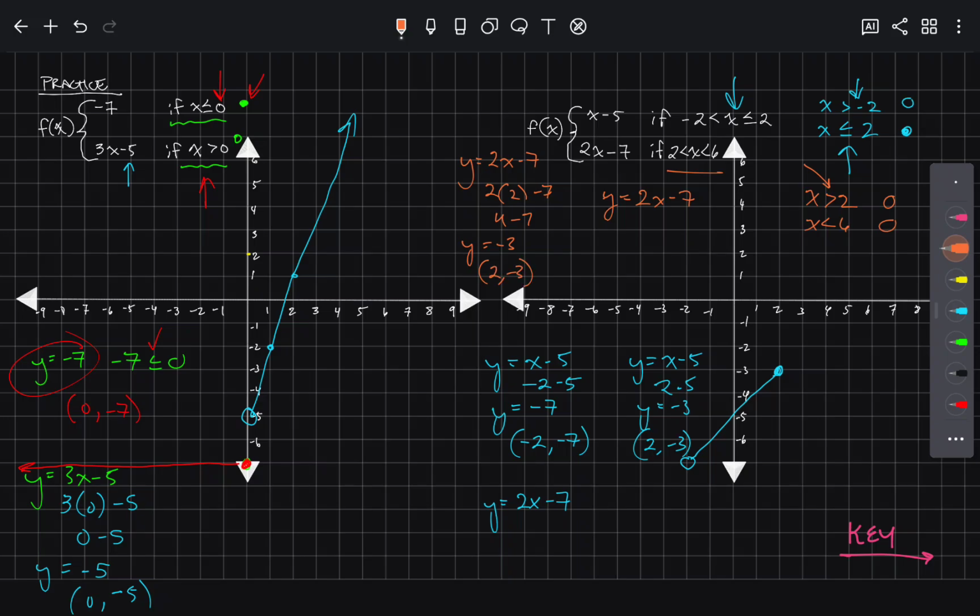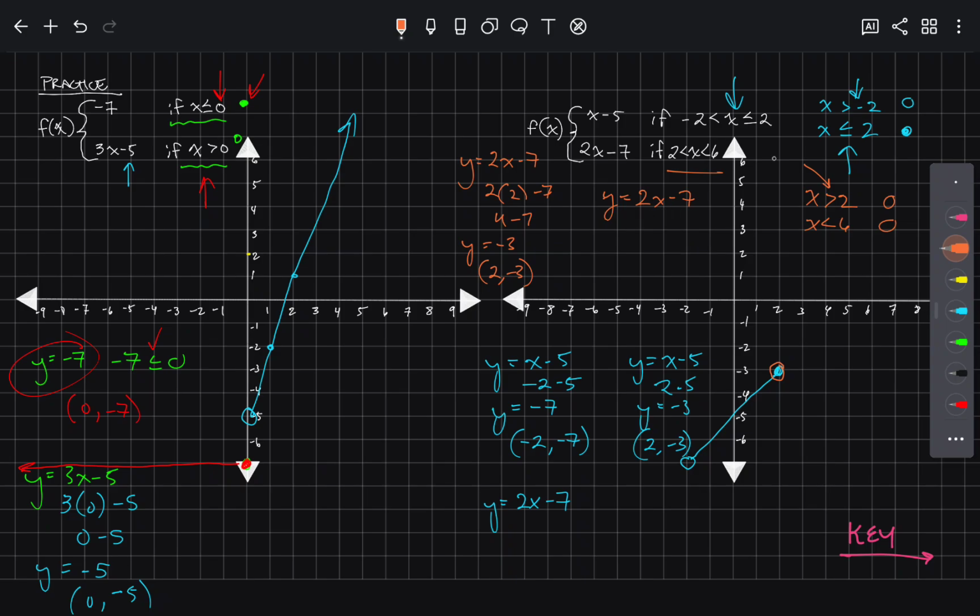So we're going to go over to 2, negative 3. Oh, wow, it's already a point, but I'm going to put an open circle around it. So that means on this other function, it's still on a point that was included as a possible value for the first function, but now we're saying it's starting at the second function, but not included.